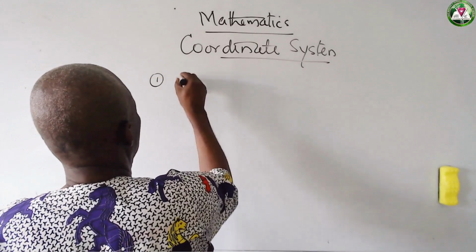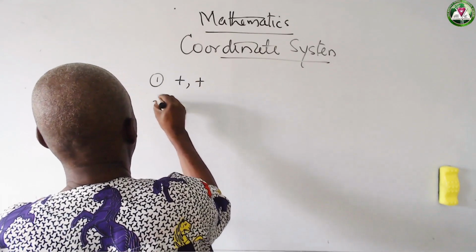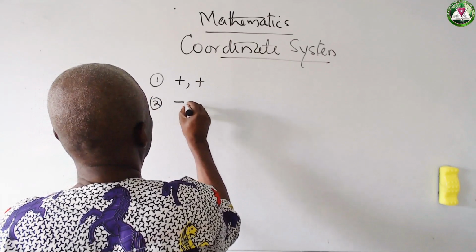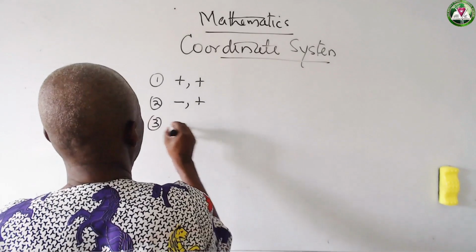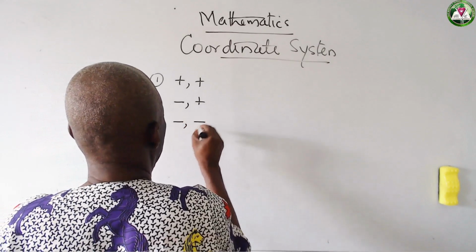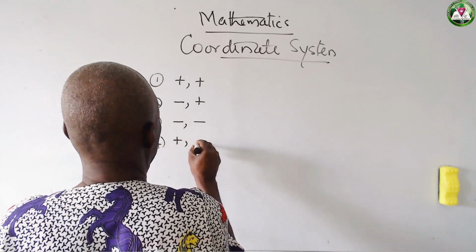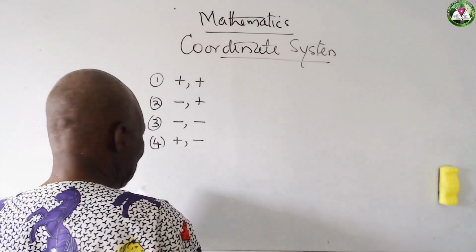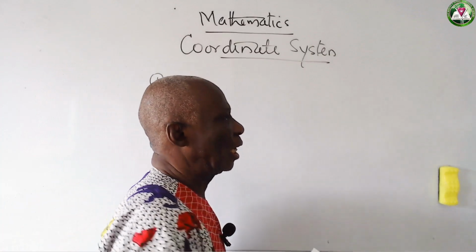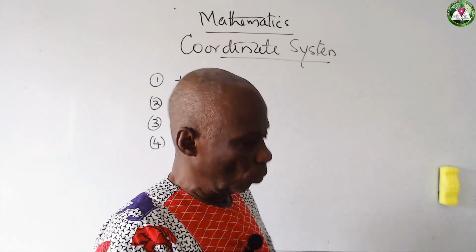First, positive for x, positive for y. Second, negative for x, positive for y. Third, negative for x, negative for y. And fourth, positive for x, negative for y. That is what David gave us as the answer, and we accept that as being correct.